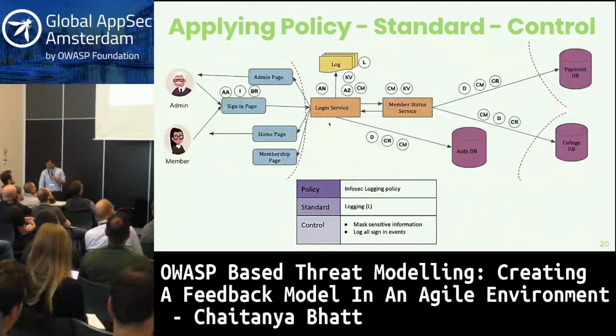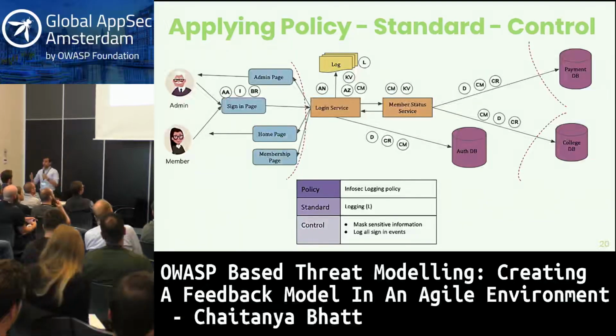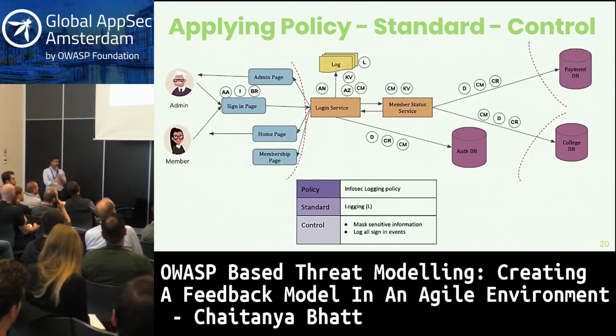Where you'll see login service. I've added known vulnerability, KV, here because I realize it's being built on Node.js Express framework, and I want to make sure I let the team know to start using 10.15 and not anything before that, because there are known vulnerabilities for all the previous versions of Node.js.